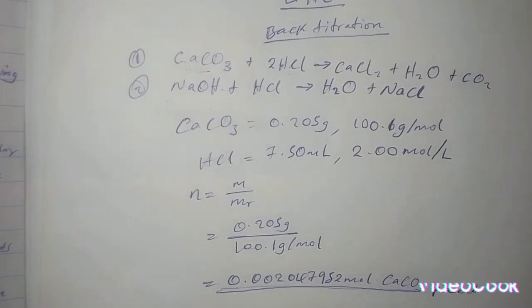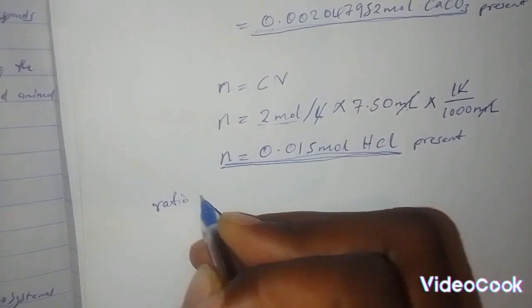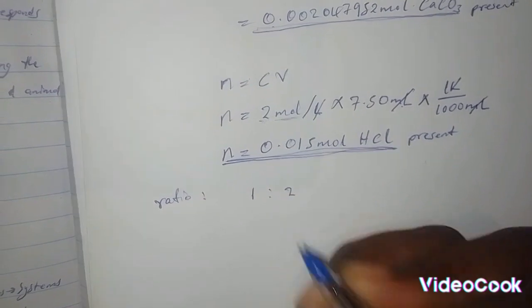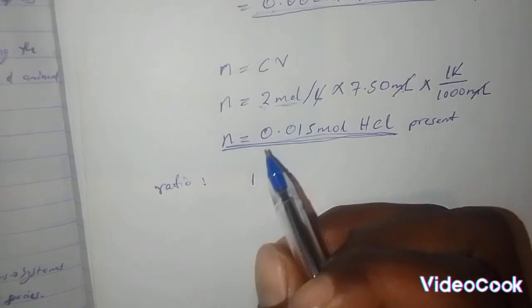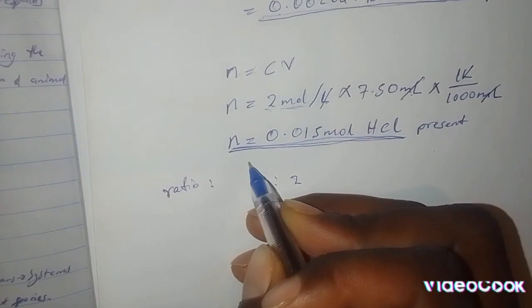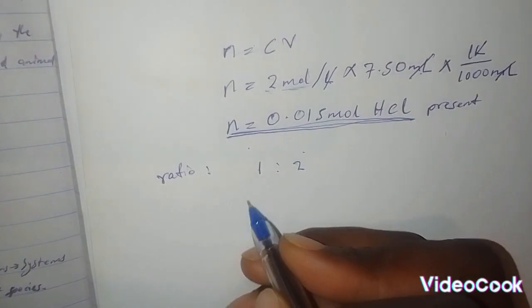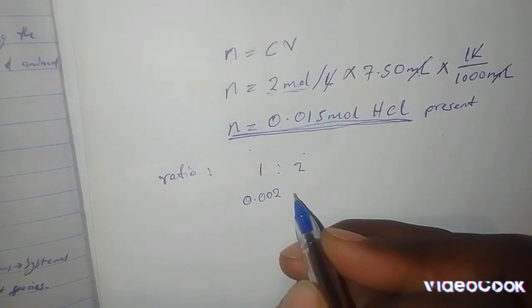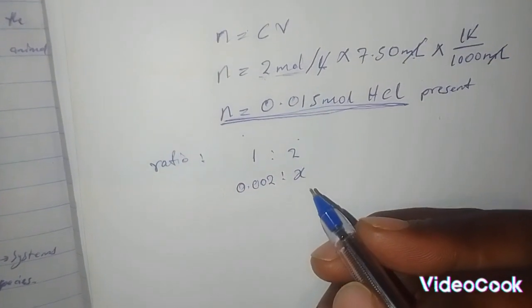So looking at the mole ratio, we know that the mole ratio is 1 to 2. So if the mole ratio is 1 to 2, then we know that this side we have calcium carbonate, this side we have hydrochloric acid. Then the number of moles for calcium carbonate is 0.0020. We don't know the moles of HCl, so we are trying to calculate the number of moles.